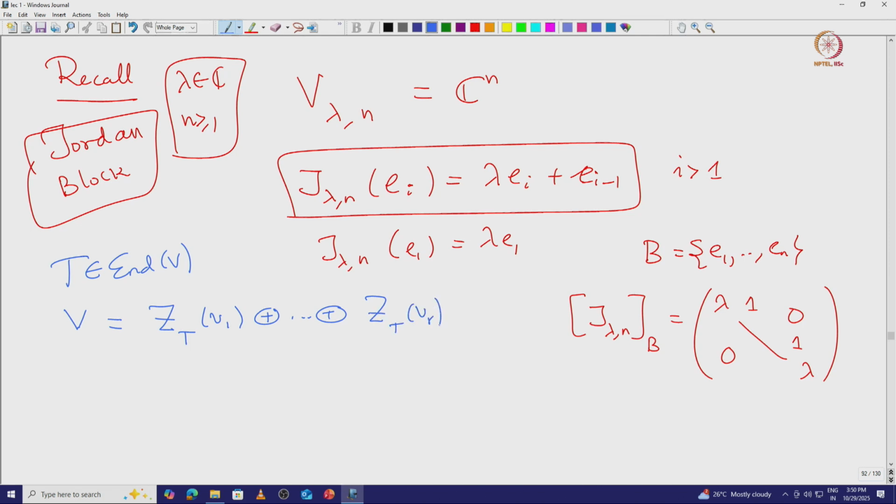So we have this cyclic decomposition of capital V consisting of indecomposable T invariant cyclic spaces. What are these? These spaces are indecomposable cyclic T invariant subspaces.